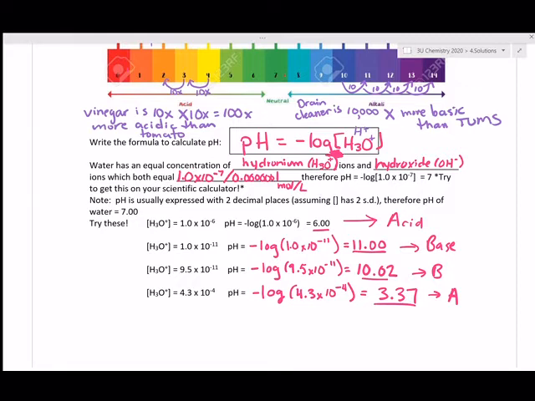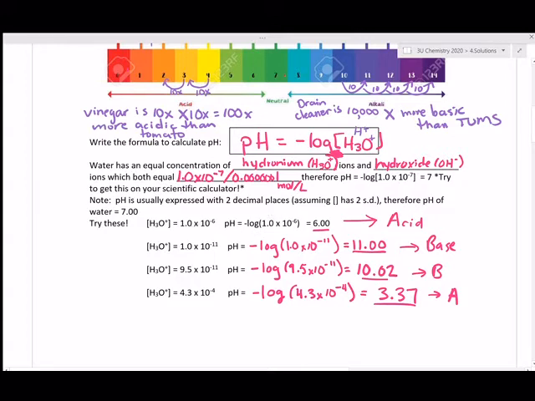Okay, so these were your practice questions to figure out if you can get along with your calculator and get the right answers. So the first one I had done for you. So again, if you take the log of this tiny number, you should just get 6.